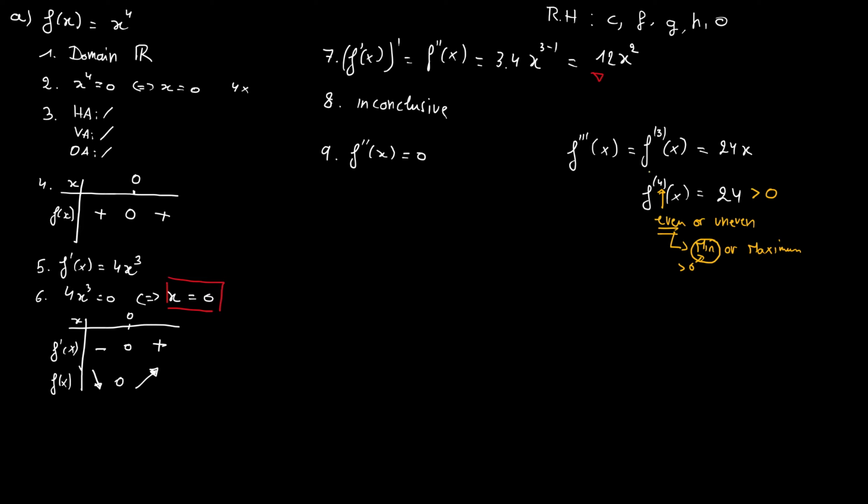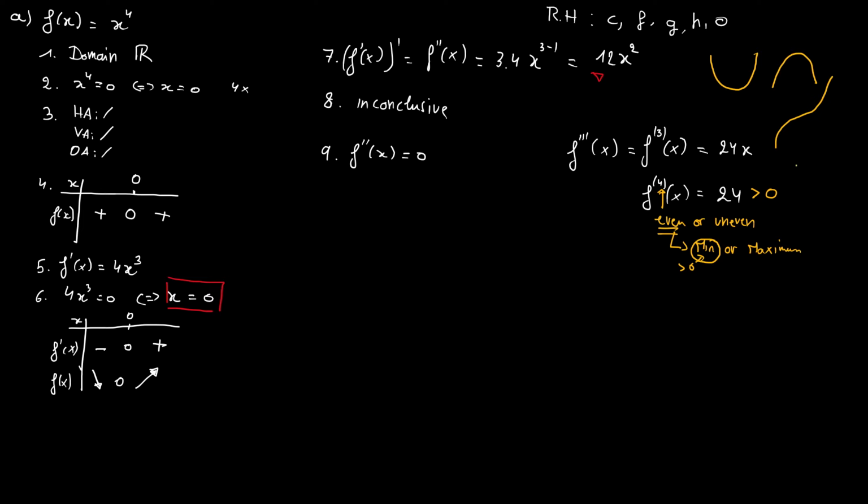Now, if it were uneven, it means you have a point of inflection. This will come up in other points, but remember I told you that the first order derivative could be equal to 0 in a couple of ways. It could look like this, or like this, or kind of like this.